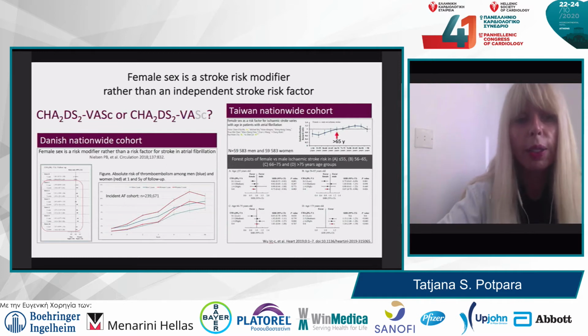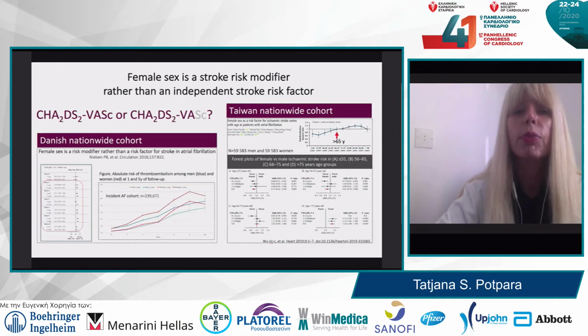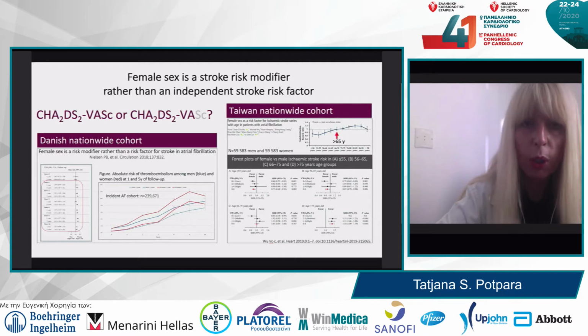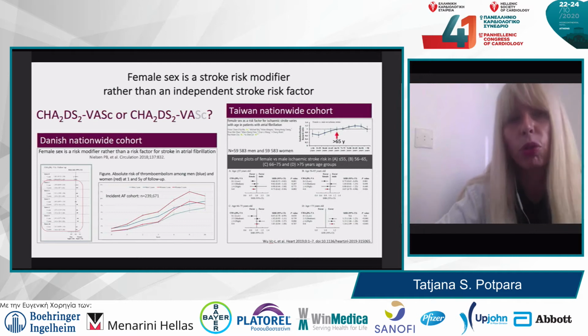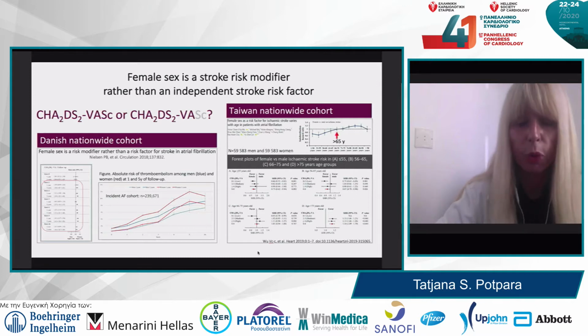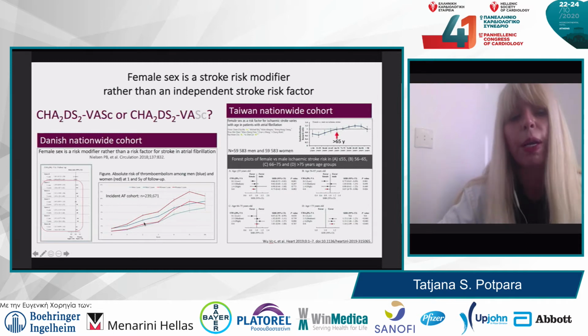So we saw why CHA2DS2-VASc. Why CHA2DS2-VASc and not CHA2DS2-VA, as recently has been proposed in some of the other guidelines. Well, CHA2DS2-VASc score includes female sex, which is not an independent stroke risk factor, but can be viewed as an important stroke risk modifier because there is a significant interaction of female sex, of being a female, with the presence of one or more other stroke risk factors, including also age.